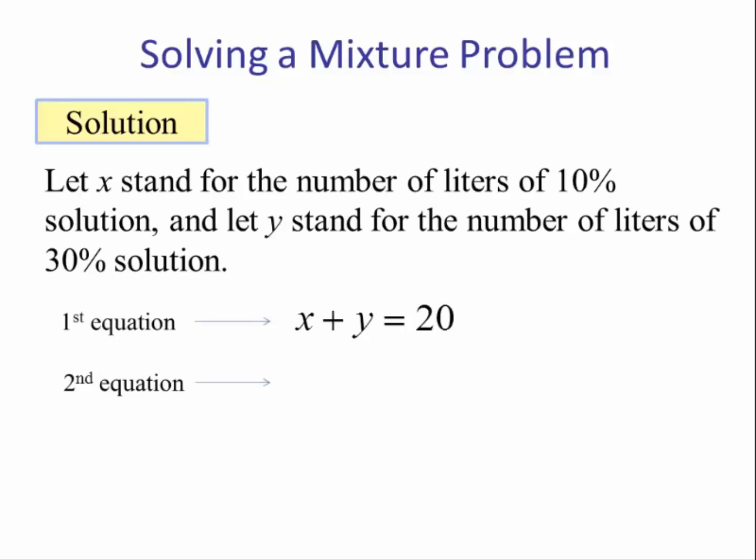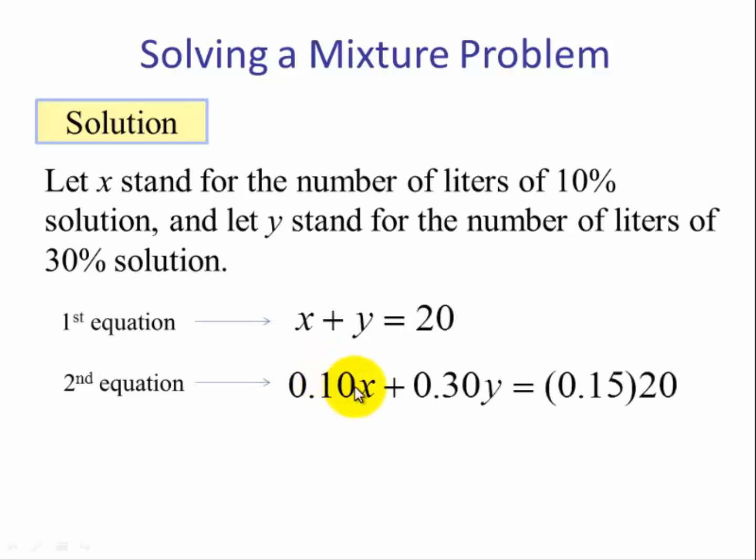The second equation is the concentration. So we take the 10% concentration times the number of liters plus the 30% times the number of liters, and that equals 15%, the concentration, times the number of liters. Simplifying this, we have the equation 0.10x plus 0.30y equals 3.